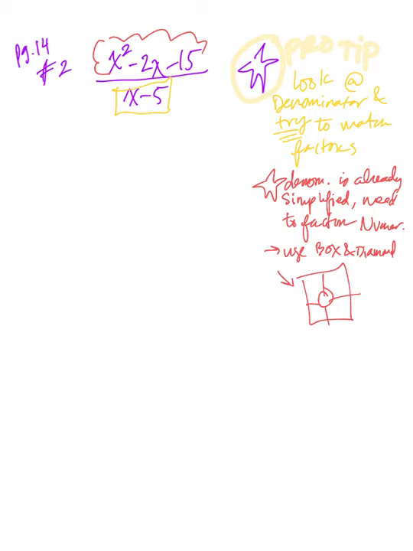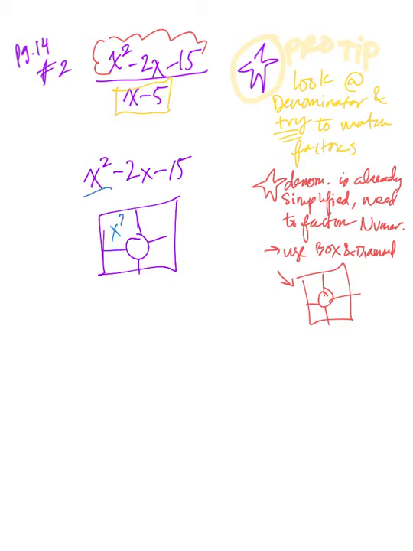Okay, so I'm going to rewrite this: x squared minus 2x minus 15. I'm going to use this model. I know that x squared goes here, negative 2x goes here, and negative 15 goes here.